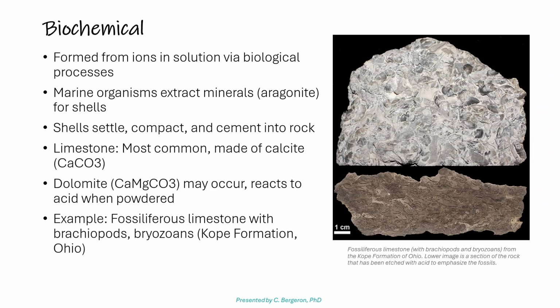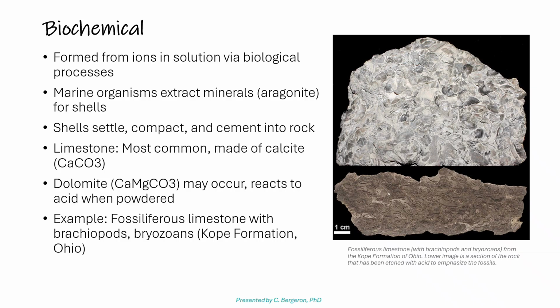Biochemical sedimentary rocks are similar to chemical sedimentary rocks, except they form from ions dissolved in solution. Biochemical sedimentary rocks rely on biological processes to extract dissolved materials out of the water. This process can form limestone.